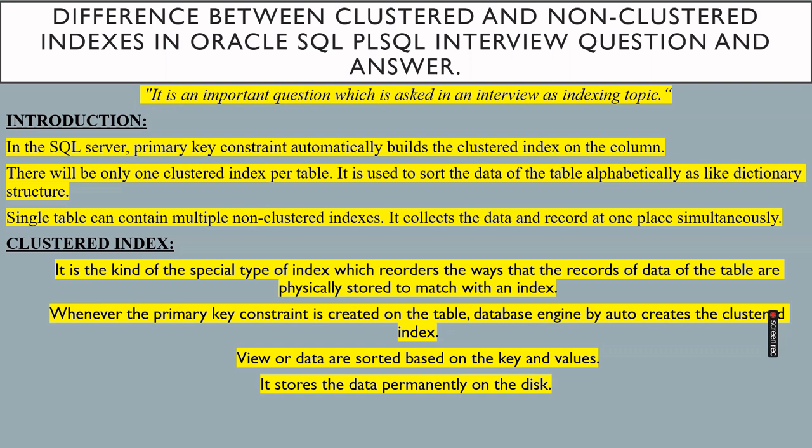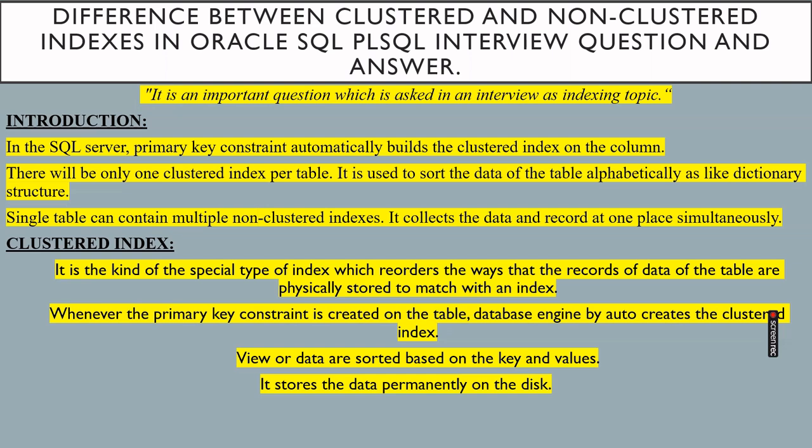Introduction. In SQL Server, a primary key automatically builds the clustered index on the column. Whenever you create a table with a primary key on a column, the clustered index will be created automatically. There will be only one clustered index per table, just like there is one primary key per table.